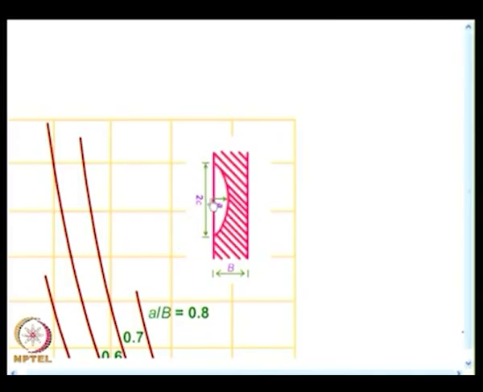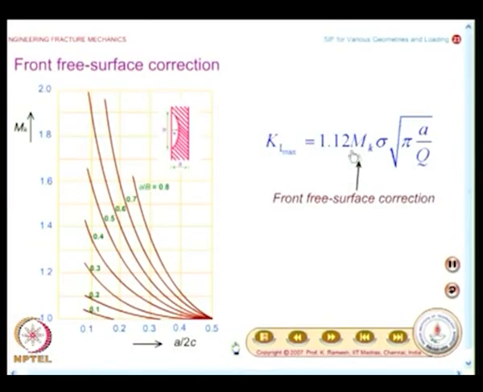People thought they would analyze initially shallow cracks, but you will also have to look at what happens to cracks which are growing in the thickness direction. So, when they grow, the influence of this surface also comes into the picture, that is called the front free surface correction, and that is given by this simple Mk. So, I have 1.12 multiplied by Mk sigma root of pi a divided by q.